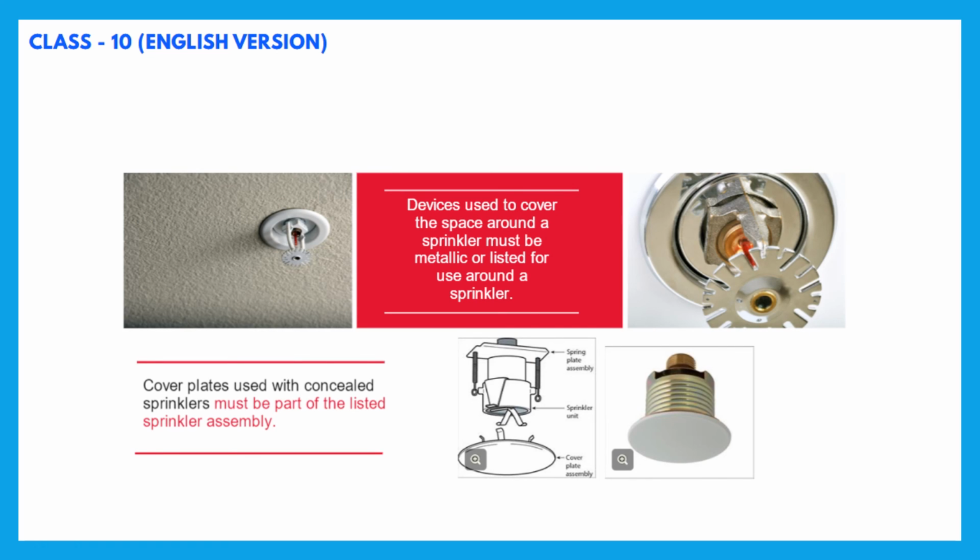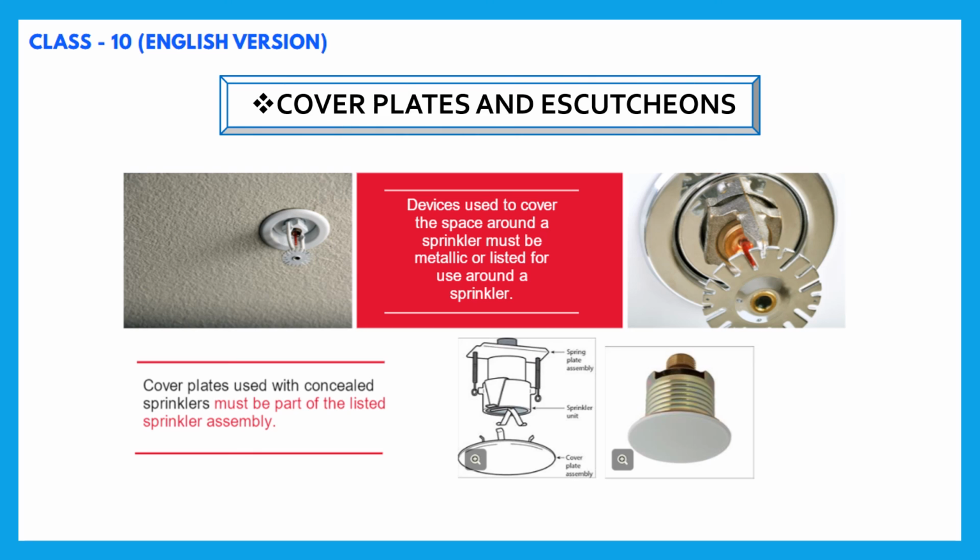This will be our last slide, in which we will have a look at escutcheon plates and cover plates. On your screen you can see the recessed escutcheon plate along with the sprinkler installed on the false ceiling, and you have a concealed pendant sprinkler which has a cover plate assembly connected to the sprinkler unit.